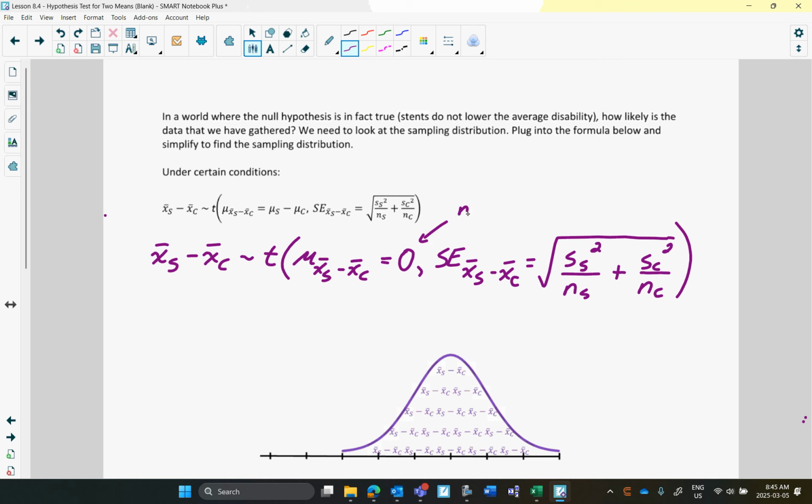Just to remind you, that's the null value that we see.